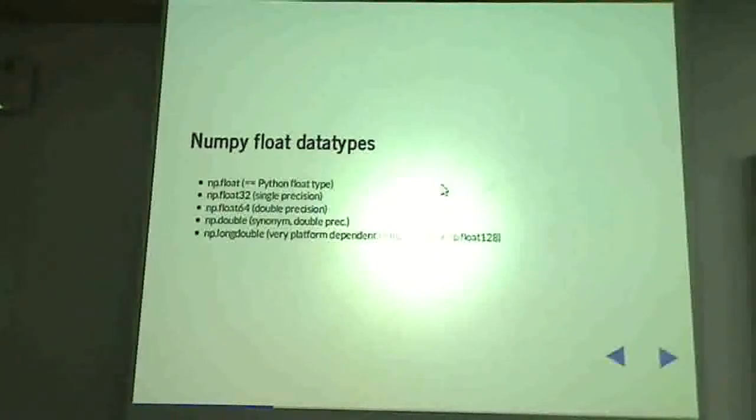It usually corresponds to float 96 or float 128, so it's either a 96 bit float or a 128 bit float. Check it on your platform if you really need that kind of precision of long double. In most cases, for most computation, a 64 bit float will give you adequate precision.